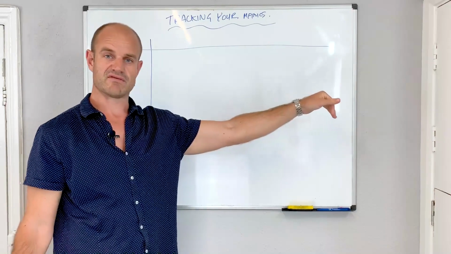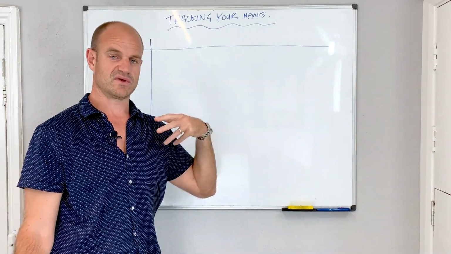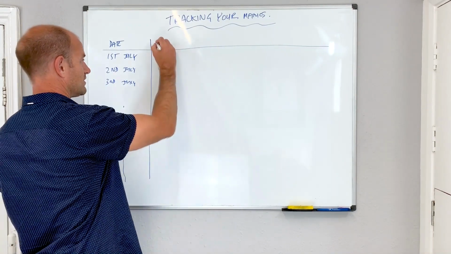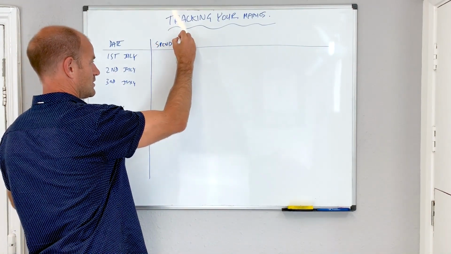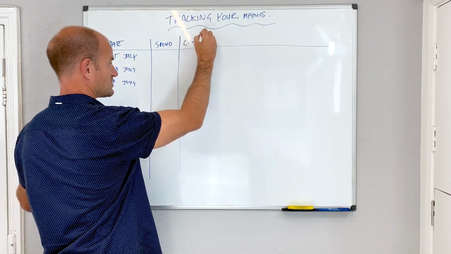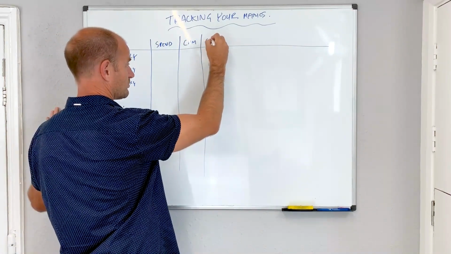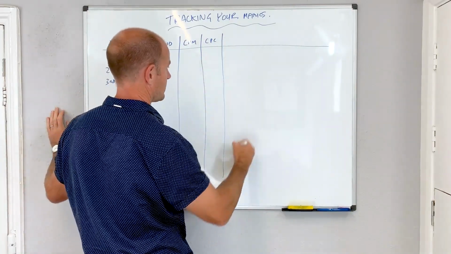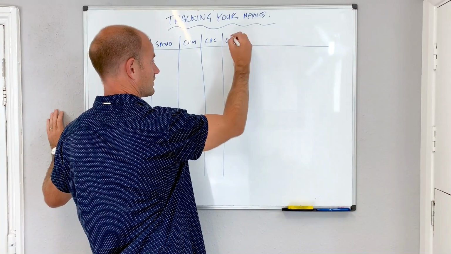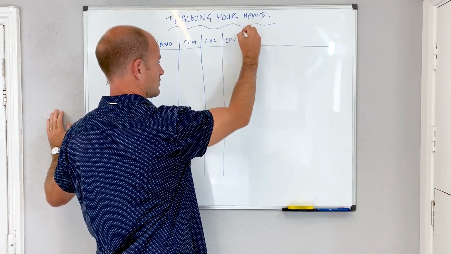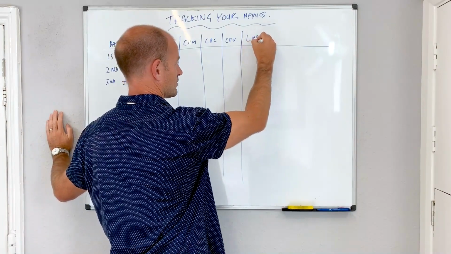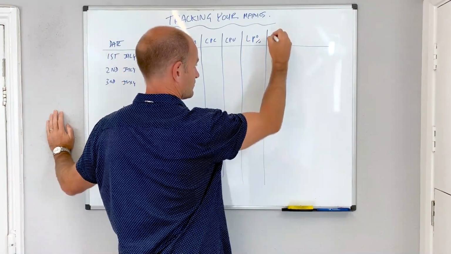Across the top here, we have the metrics that are important to us that we see within the advertising account. So it could be spend, it could be cost per 1,000 impressions, cost per click, cost per video view if you're running video, landing page percentage, cost per lead.